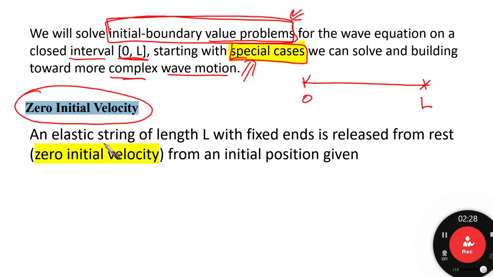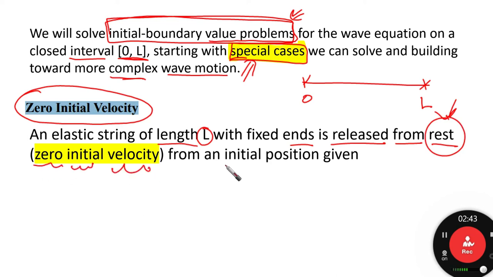An elastic string of length L with fixed ends is released from rest, take care, from rest, which is zero initial velocity, from a given initial position. As I said, from an initial position that we give or we know.